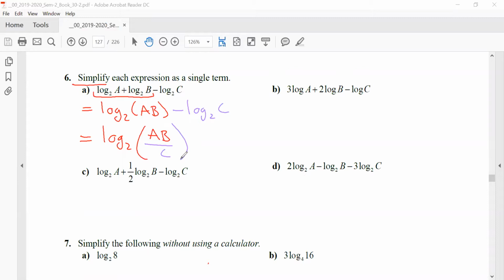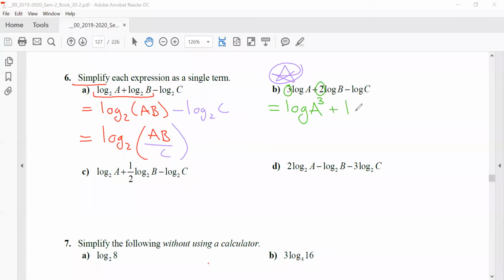Now B, you're going to put a huge star beside B, because this is where there's a little rule that I need you to know. Really important. I talked about it a little bit earlier. If you look at your formula sheet, it never shows there being a coefficient. So if there's a coefficient, here's the first thing I'm going to do. I'm going to use my power law of logs.